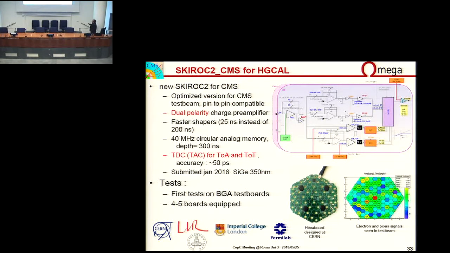Well, this Skiroc 2 CMS is just a rolling memory. So consider that you have more or less the same front end as the Skiroc 2. You have a charge preamplifier or a current preamplifier, because this is tunable by slow control, which can read out both polarities, because at CMS they didn't know if they would use a positive or negative signal.